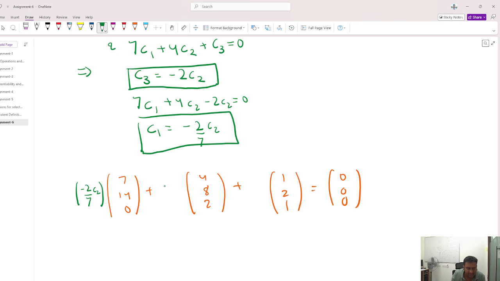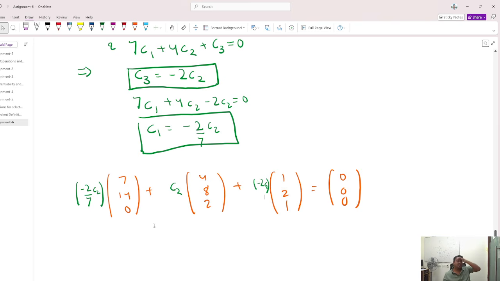And this you can write as something. Oh okay, this is C2 only, and this is minus 2 C2. Okay, that's what you have.